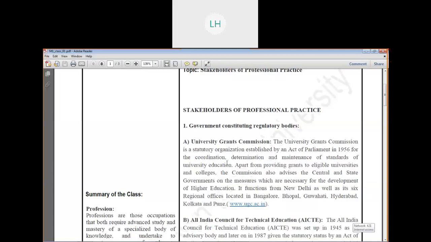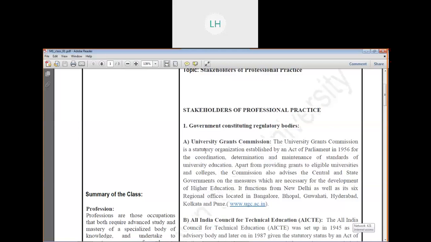Its main objectives are the coordination, determination, and maintenance of standards of university education. That means even our university is under the surveillance of UGC. So we have to follow the guidelines provided by the UGC.